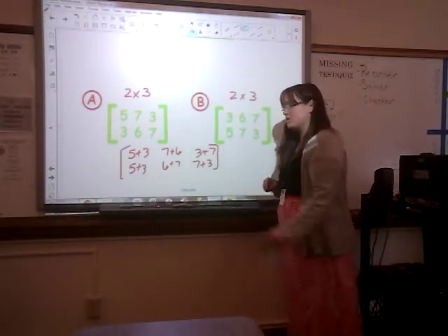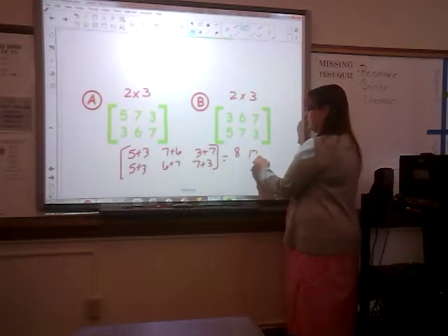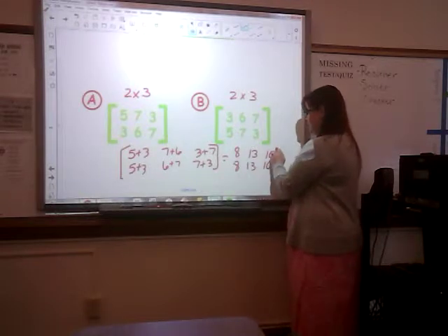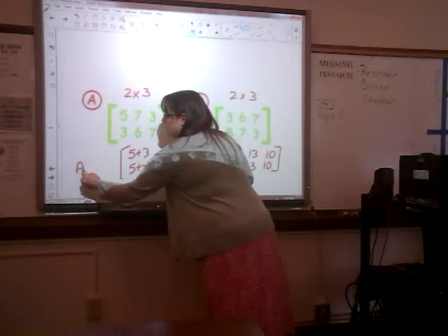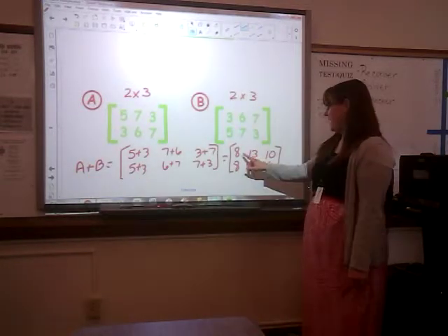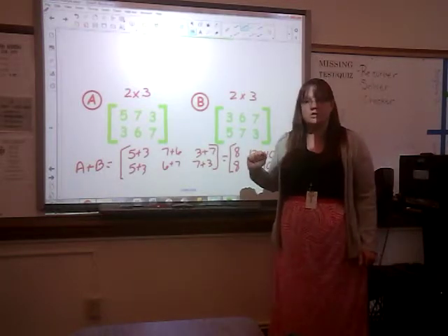So you add each of those together, and in the end you get 8 and 13 and 10, and looky there, 8 and 13 and 10. So A plus B equals 8, 13, 10, 8, 13, 10, and it's a 2 by 3 matrix, just like our original ones.